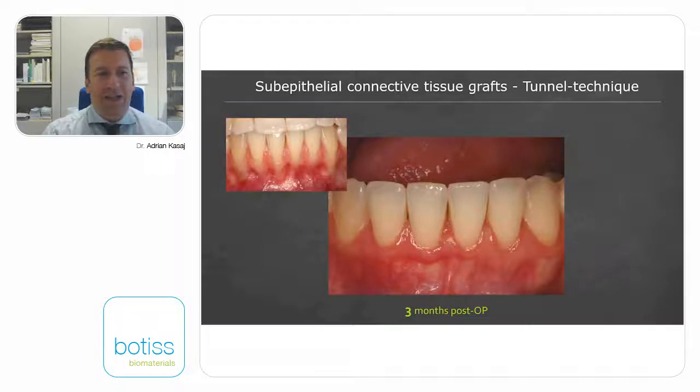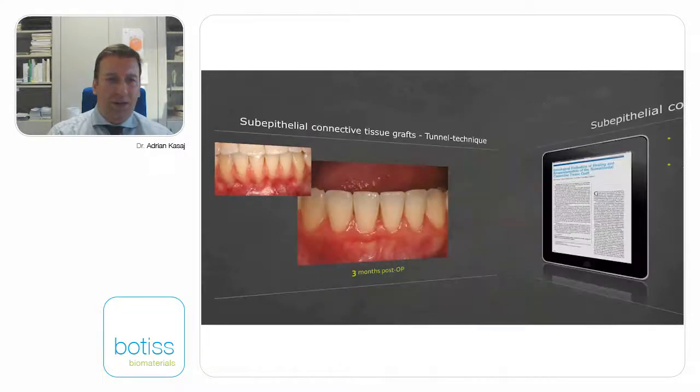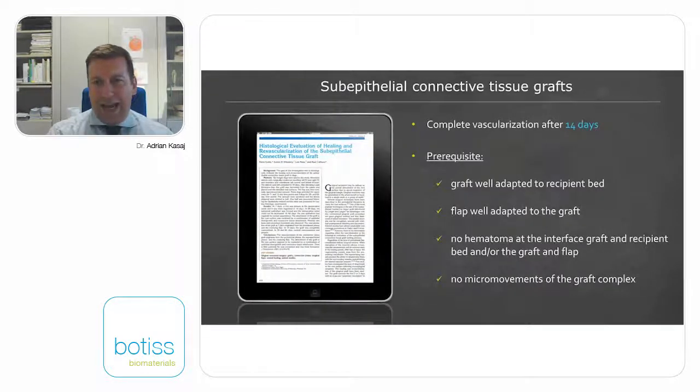So now we should ask ourselves, why is it that connective tissue graft is so successful? It's due to its healing characteristics. A fully submerged connective tissue graft has a double blood supply from the basal side and also from the inner side of the flap.